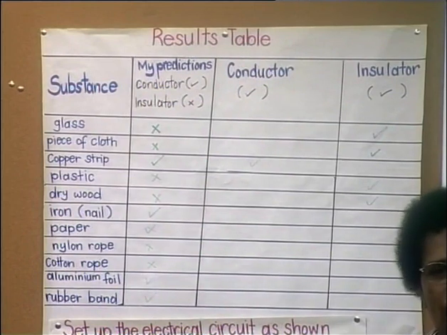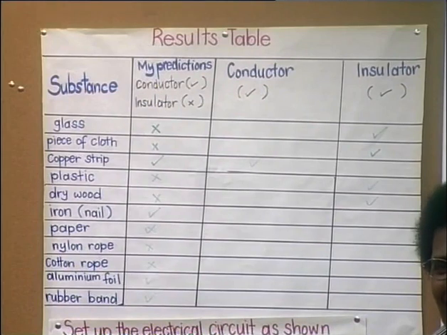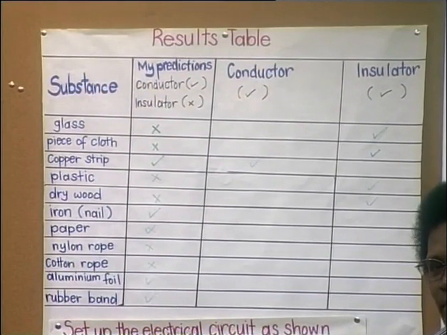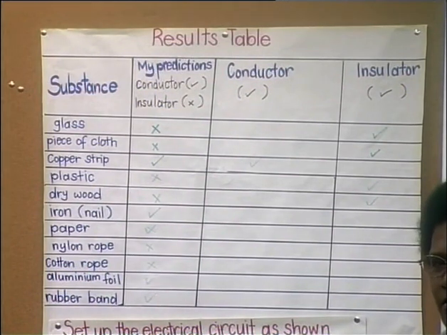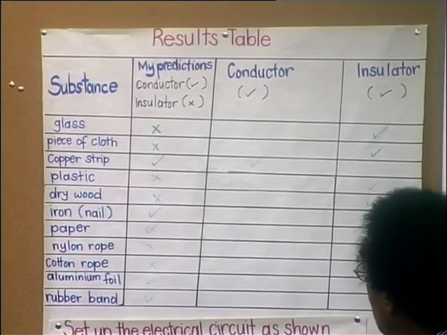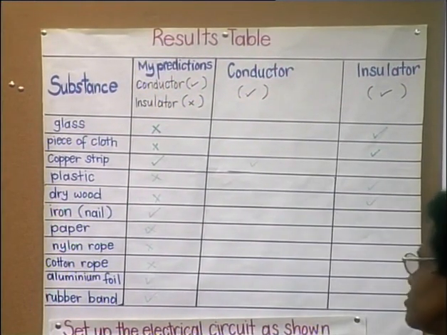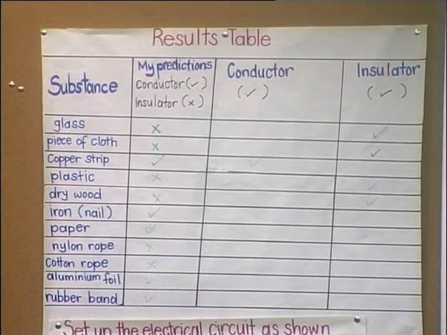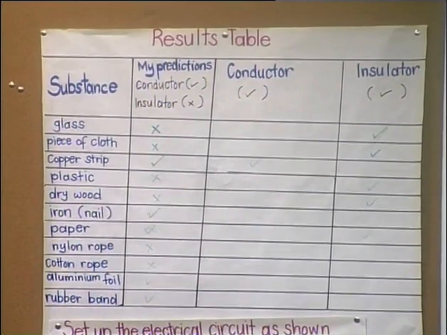Paper. Pass it on to our friend sitting there. Insulator. Nylon rope, Natasha? It's not very clear. Insulator.